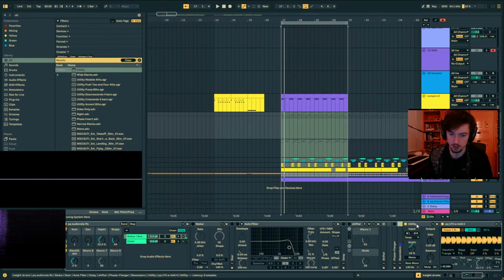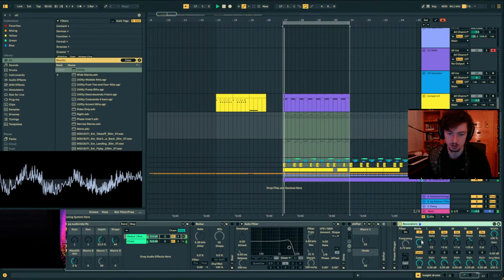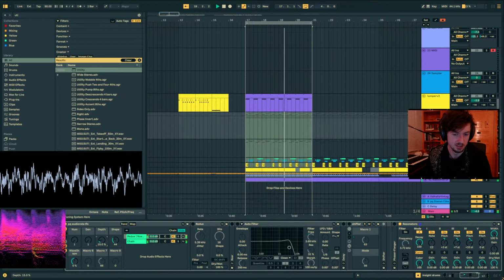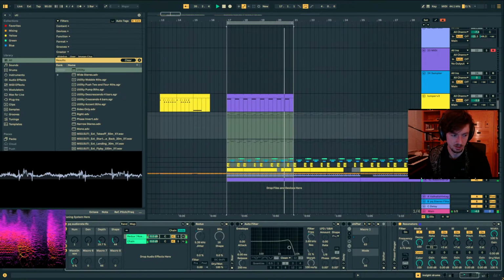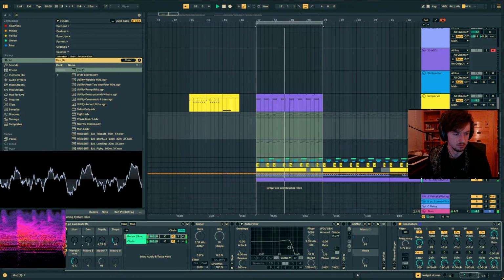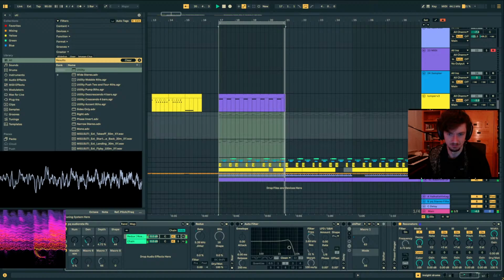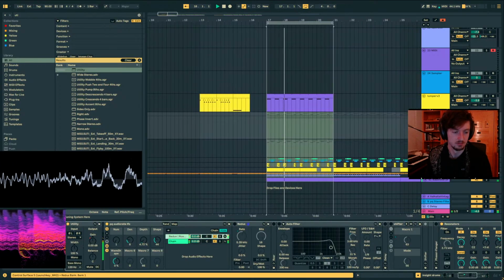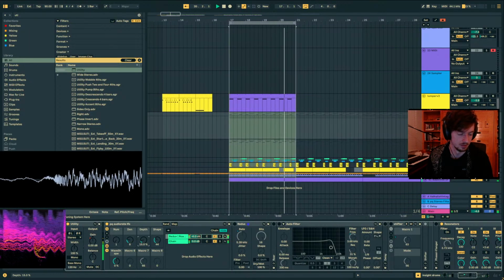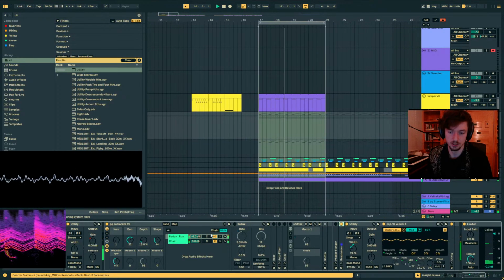Maybe. I don't know. It sounds weird when it's just by itself. But this is just on drums. It sounded much better when it was just on an operator. That's great. You can see that's a triangle wave.